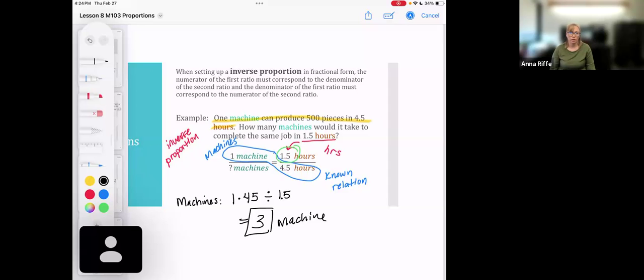For the previous one, we saw that as one thing increases, the other had to increase as well. So as the number of pounds that a person weighs increases, the number of milligrams of medicine has to increase as well. So that's an example of a direct proportion. So you have to step back and look at the problem that you're given to see how those variables are related, whether when one increases, the other one is going to increase or it's going to decrease.